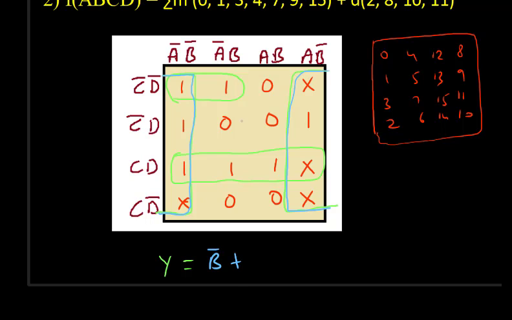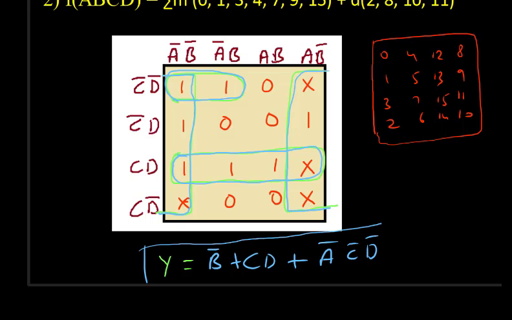Now we write the equation of this particular quad, which is CD. And then finally the equation of this pair. In this pair, B is changing, so we have A bar, C bar, D bar. So this is the answer. This is how we reduce this equation.